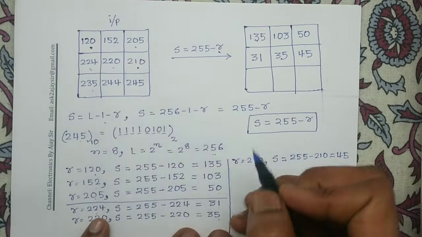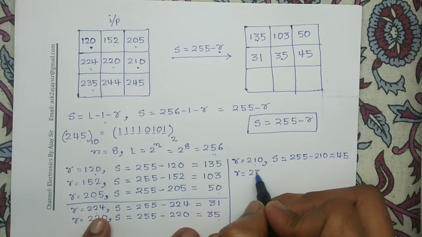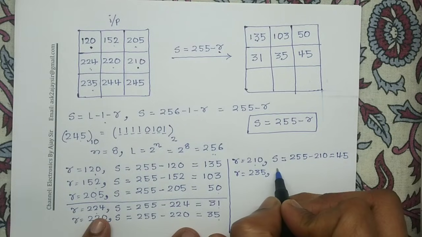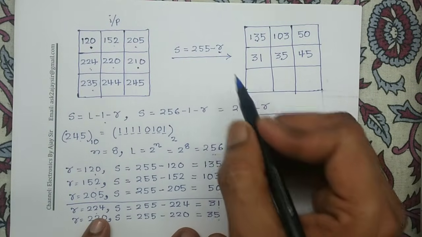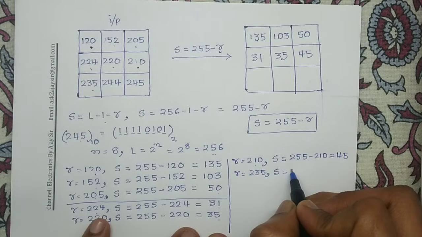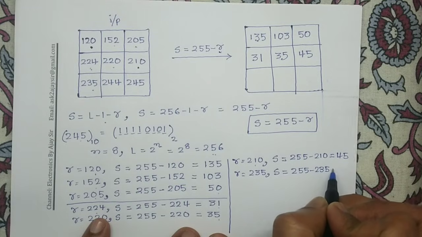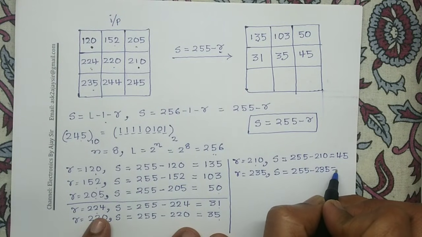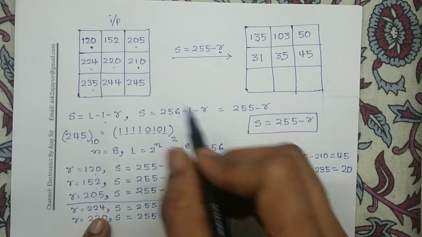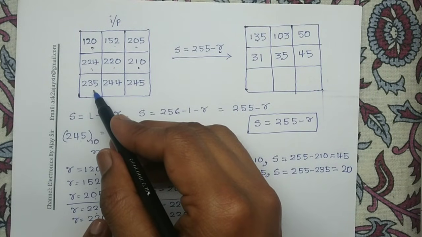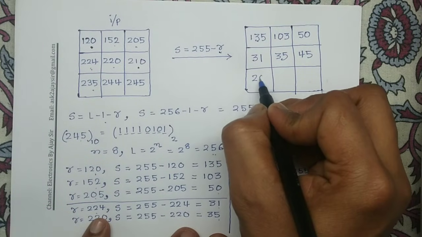Similarly, for this pixel intensity level 235, to determine the output intensity level, in place of R, I will substitute 235. So the equation of S becomes 255 minus 235, that is equals to 20. So for this given input intensity level 235, I have obtained the output intensity level 20. So here I will write 20.